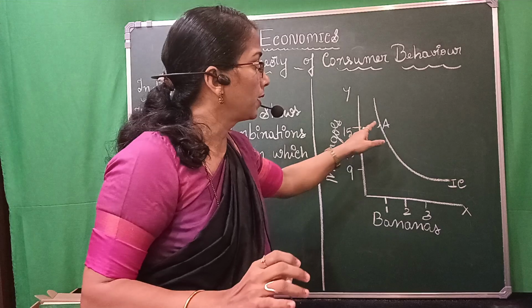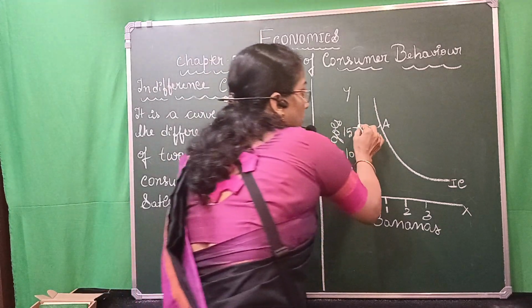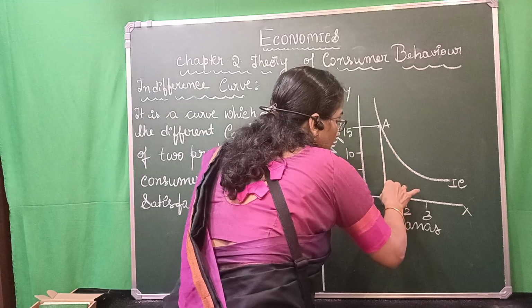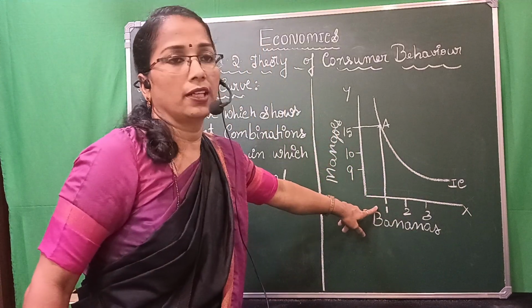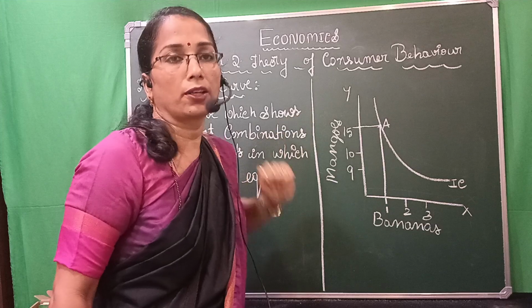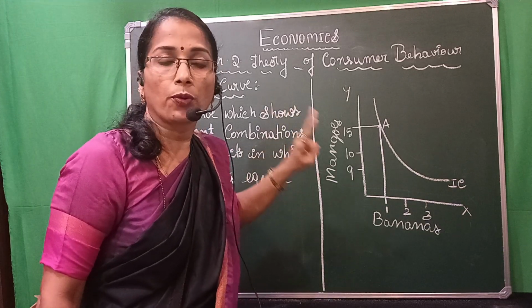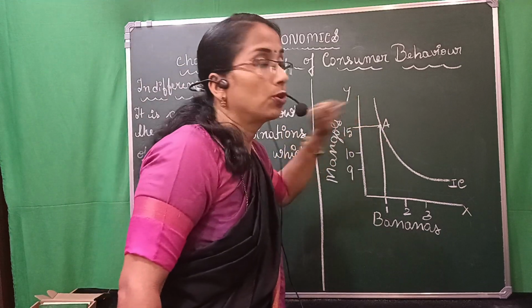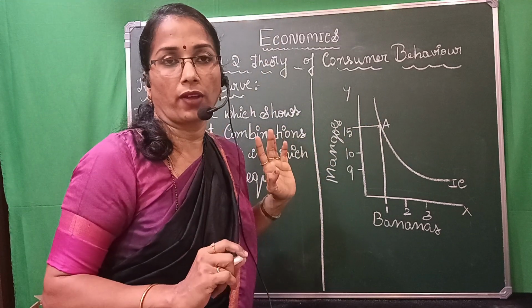What do we mean by point A here? It means the consumer is consuming one banana and 15 mangoes. So it is a combination of two products, and here the consumer is getting a level of satisfaction.